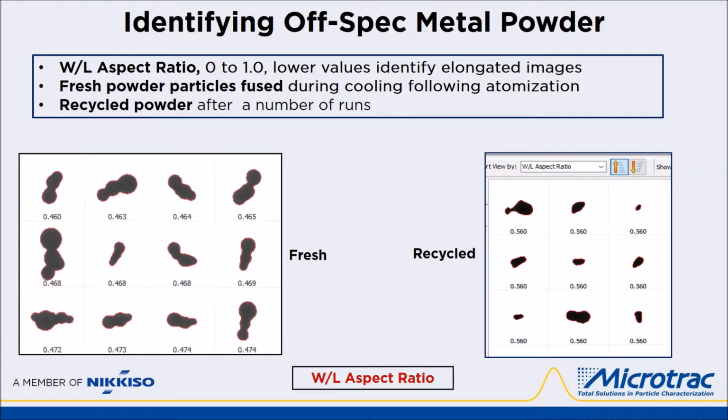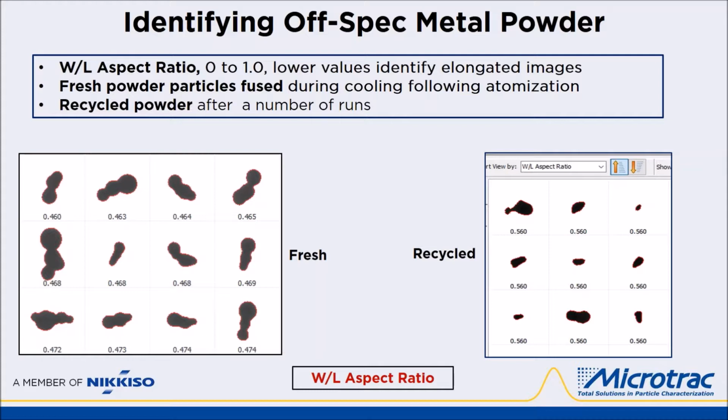The images here, copied from a small segment of 2 different image files and sorted by width over length ratio in ascending order, with their width to length values displayed, are obviously fused individual powder particles, which form during cooling from the atomization process, on the left. Too many particles like this would be a problem in a powder batch for PM manufacturing.